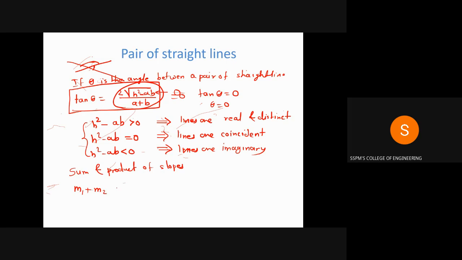Then their sum is given by minus 2h divided by b. h and b you can calculate by comparing the given equation with the standard form. And the product, m1 m2, is given by a divided by b. You have to remember these two formulas. So the addition is given by minus 2h by b and the product is given by a by b.